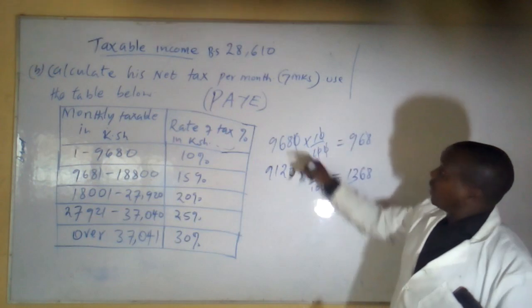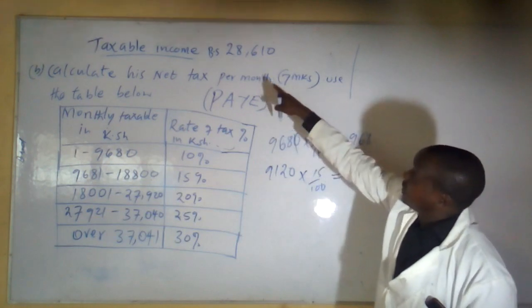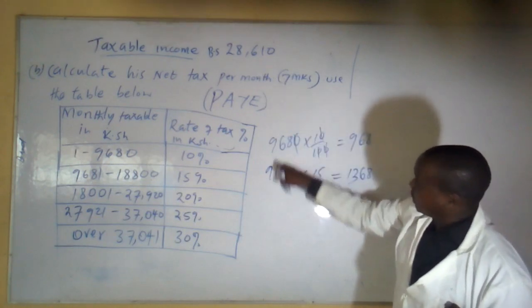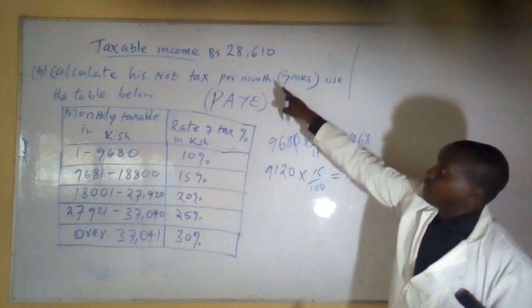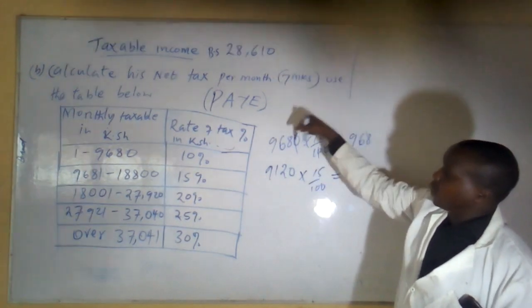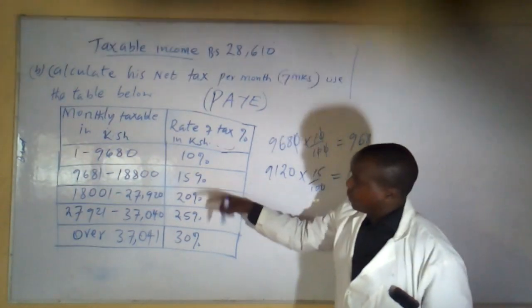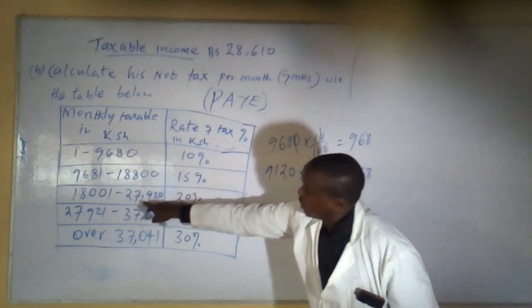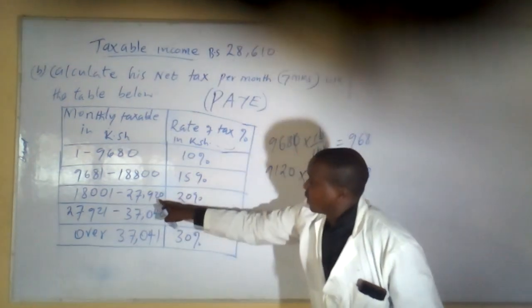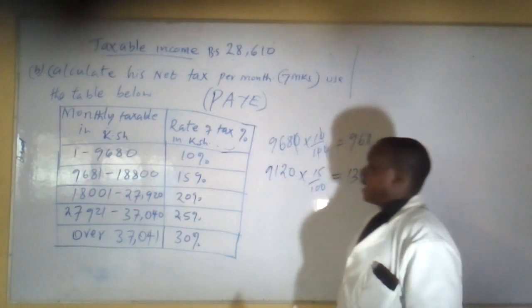Remember, our taxable income is 28,610. If you add this plus this, they have not added up to our amount, so we continue. The next slab or band is 27,920 subtract 18,800.